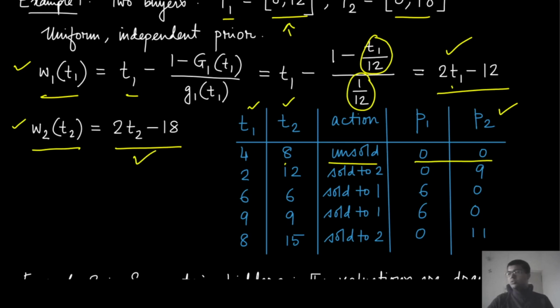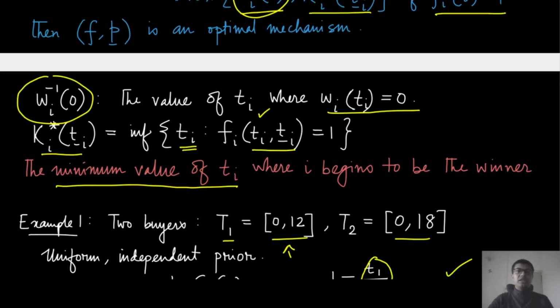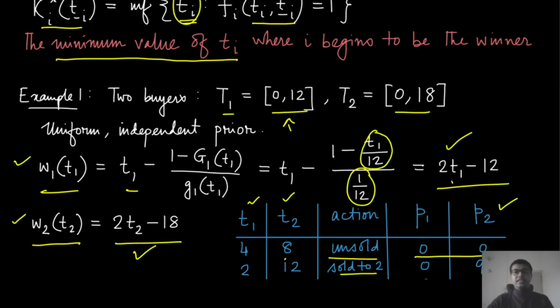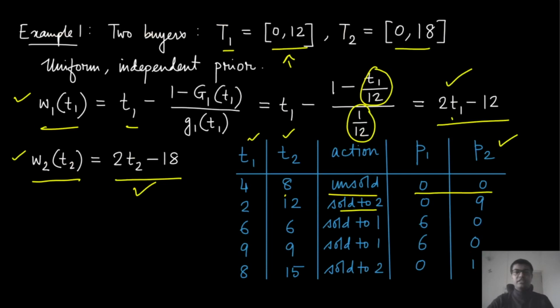Then the object goes to player 2, but what will be the payment that it makes? Here comes this formula. It is going to be the maximum of w inverse i of 0 and ki of t minus i. So what is ki of t minus i? t minus i is already fixed, so at which point does this player start winning the object?